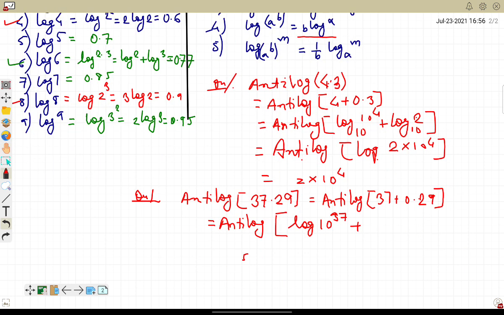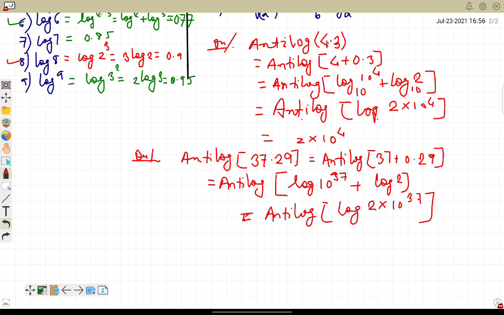So the complete value is antilog of log 2 plus log 10 to the power 37, which is log 2 into 10 raised to the power 37. So log and antilog both will cancel each other, then we get 2 into 10 raised to the power 37 as the right answer.